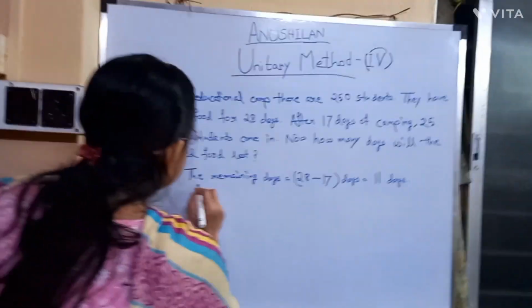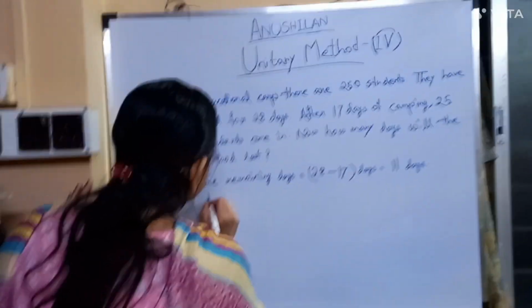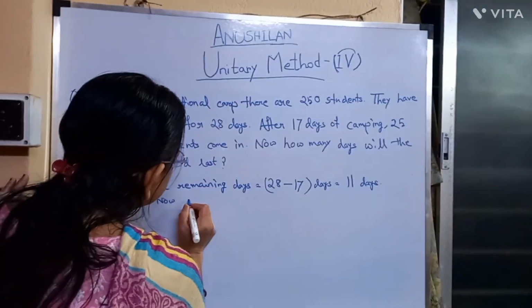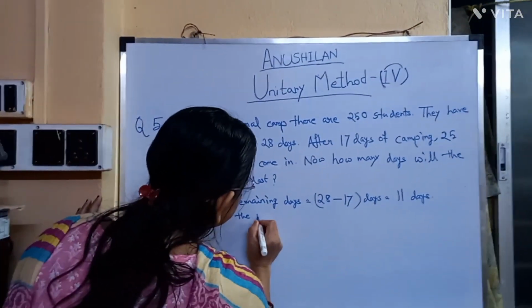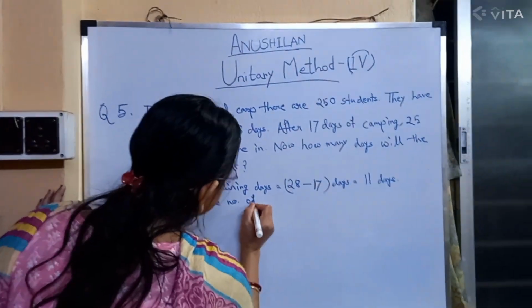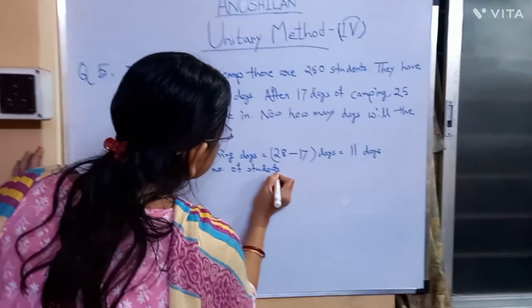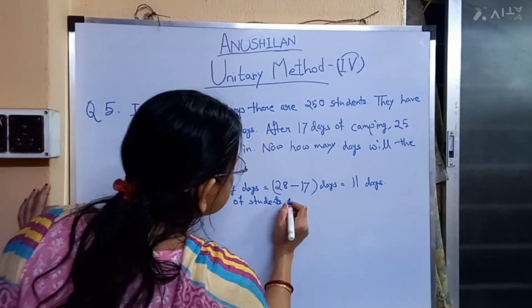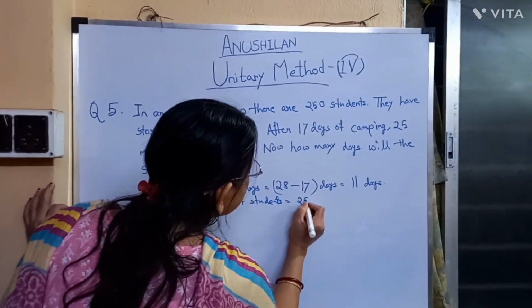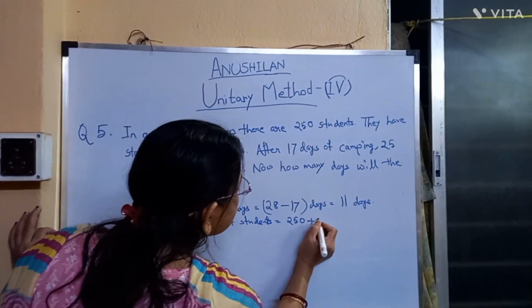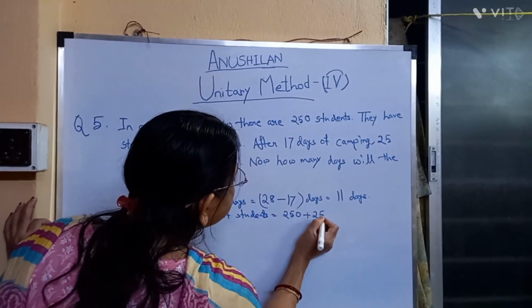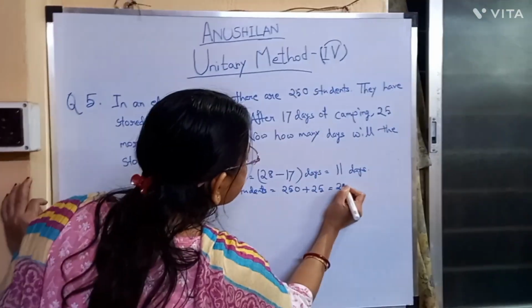Now the number of students. Number of students equal to 250 plus 25 equal to 275.